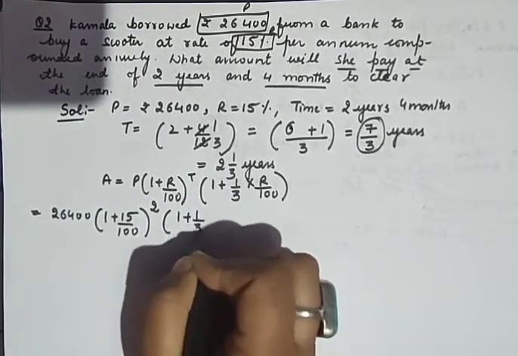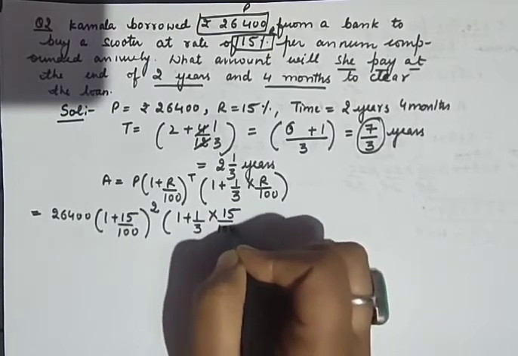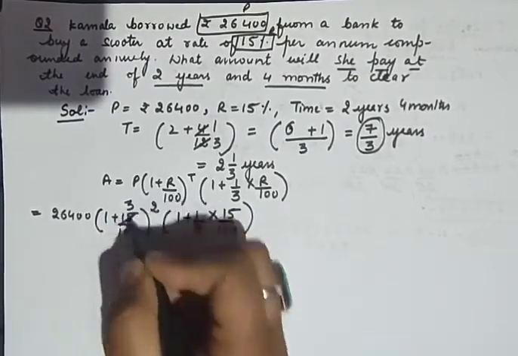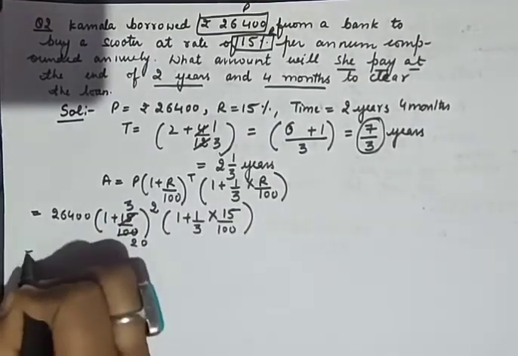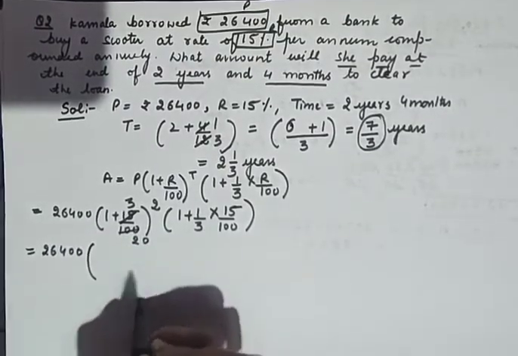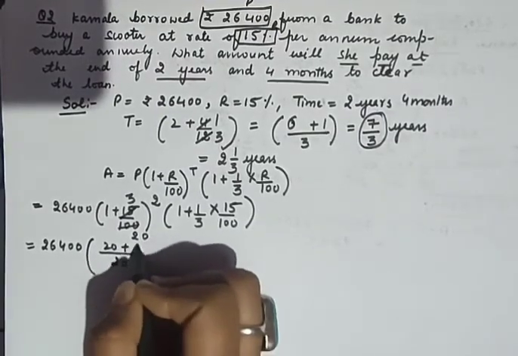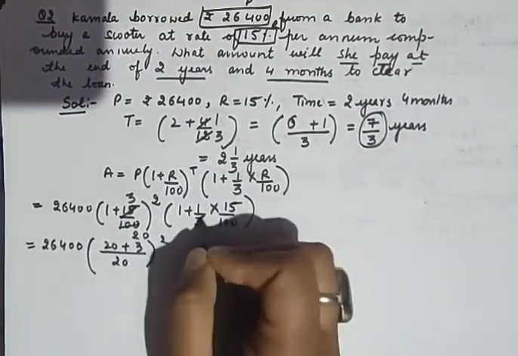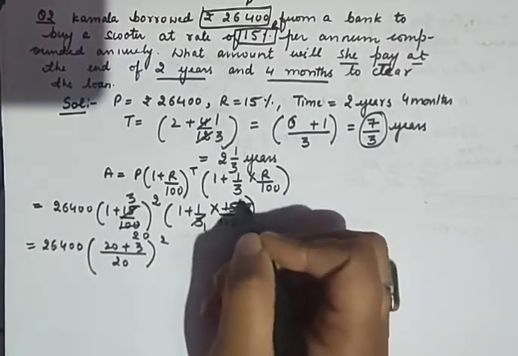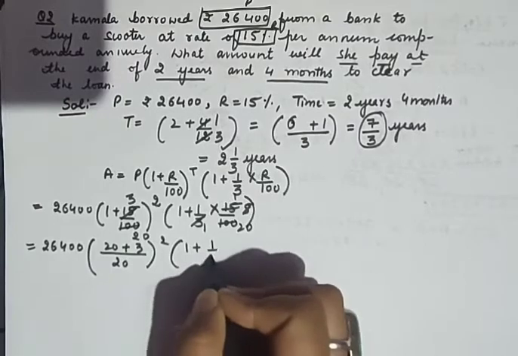Again 1 plus 1 by 3 into 15 upon 100. Let's cancel it: 5 3s are 15, 5 20s are 100. So it will be 26,400 into 1 plus 1 by 20 whole square, and again 1 plus 1 by 20 here.